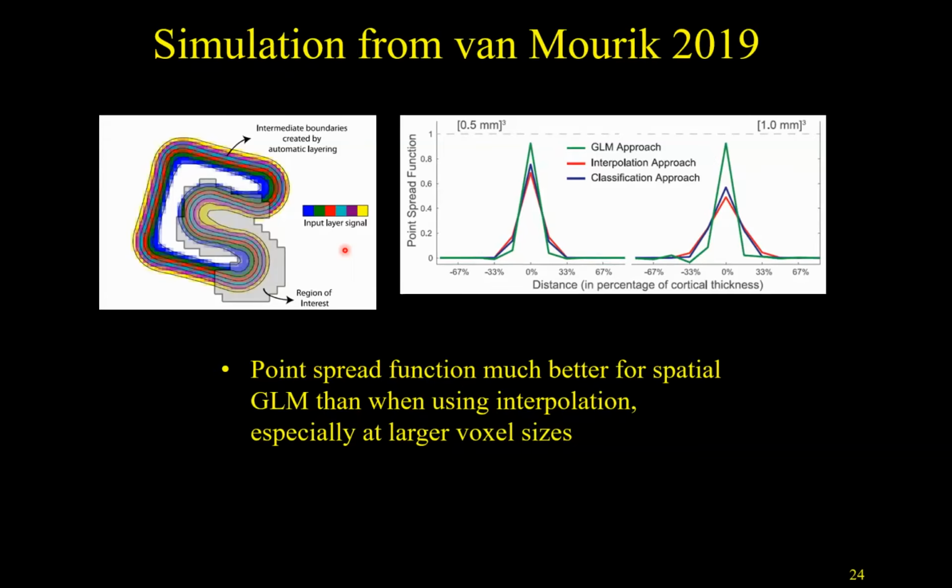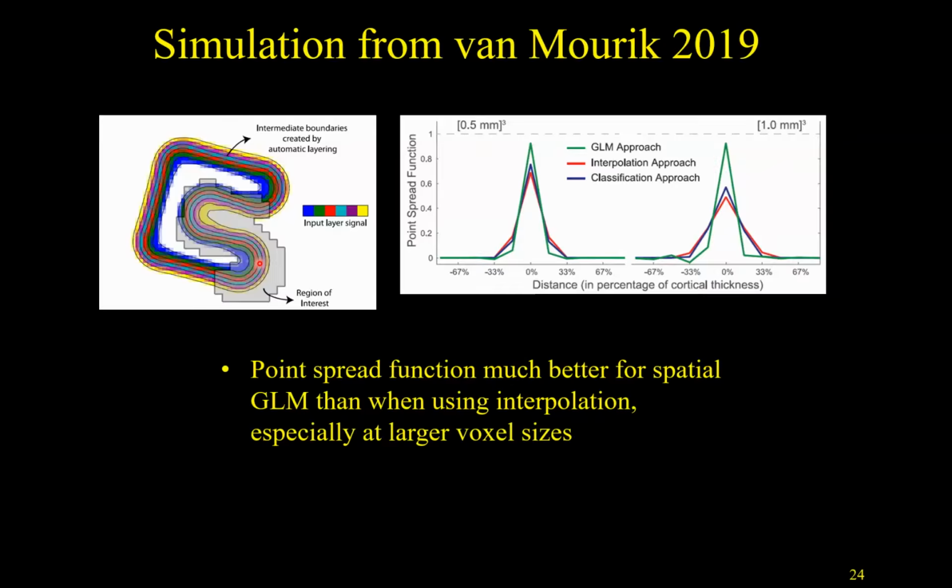And to test it, what he did was essentially to go into a layer and set that layer value equal to 1, and then apply the spatial GLM to it, or do an interpolation on it, and see, okay, what do I get in that central layer? And what do I get at the adjacent layers?